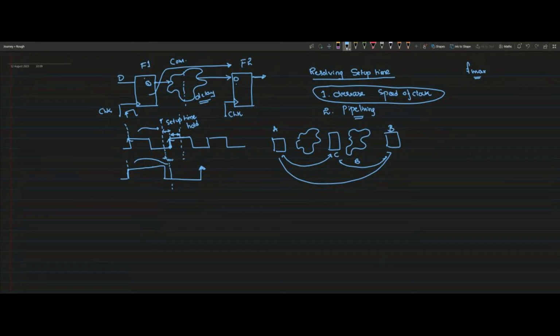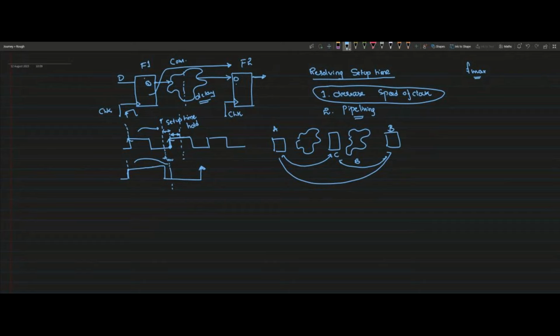Based on that, the tool will derive the F max. So this timing violation will appear only when you exceed that F max. You have to reduce the clock in such a way that you are not exceeding the F max.